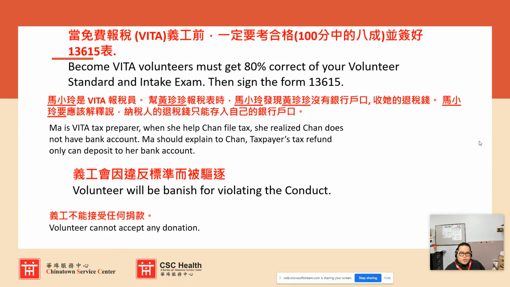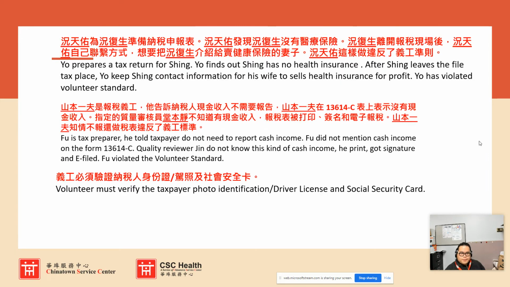When she helped Chen file tax, she realized Chen does not have a bank account. Mar should explain to Chen that the tax refund can only be deposited to the taxpayer's own bank account. And the rules: a volunteer will be banished for violating the conduct, and a volunteer cannot accept any cash donation or any donation.